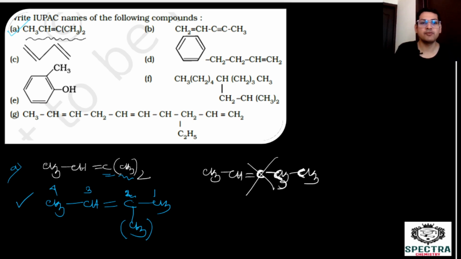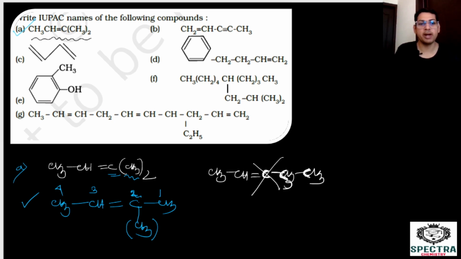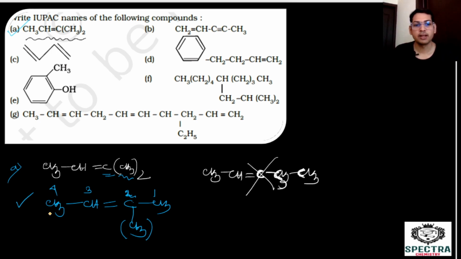But sir, if I go the other way, 1, 2, 3, 4, the double bond is still at carbon number 2, but at position 3 I am getting the methyl. So numbering from the left hand side is not correct; the right hand side is the correct one.